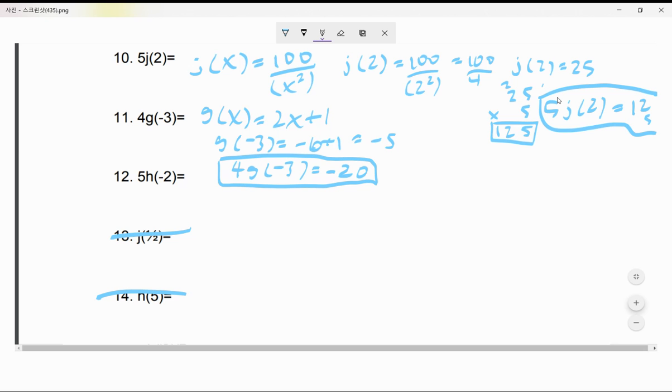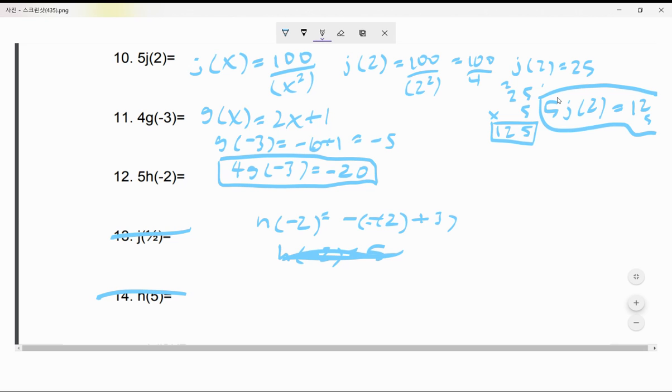Okay, last one in this section is h(-2). Well, h(-2) is negative negative 2 plus 3. So h(-2) would equal 2 plus 3, so that's 5.